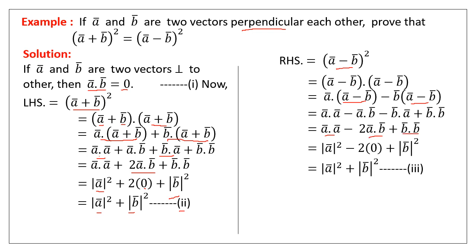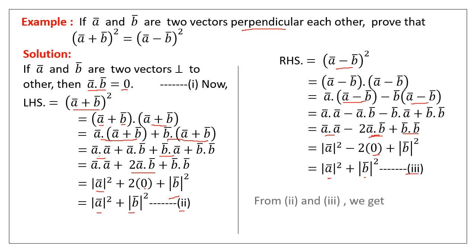Since again the dot product is commutative, but here the vectors are perpendicular, so a bar dot b bar gives us 0. So we have RHS (a bar minus b bar) square equal to mod of a bar square plus mod of b bar square. Call it equation 3.